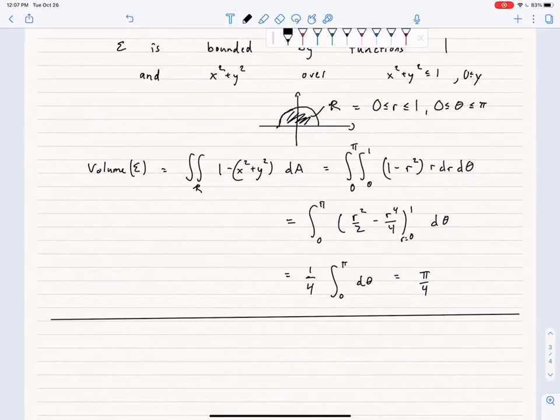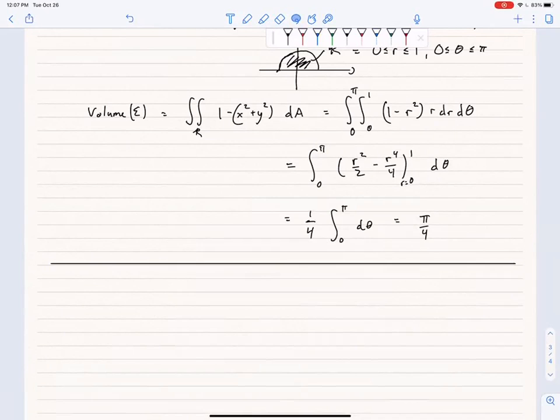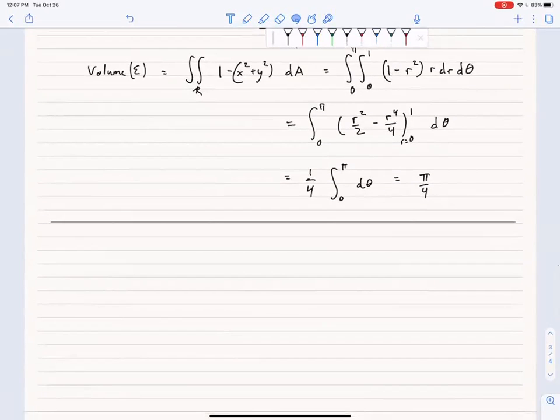That's true. Some of this is much more useful if you're not calculating volumes, but actual integrals of functions that aren't constant. But here's an application that you wouldn't be able to do in one variable calculus.